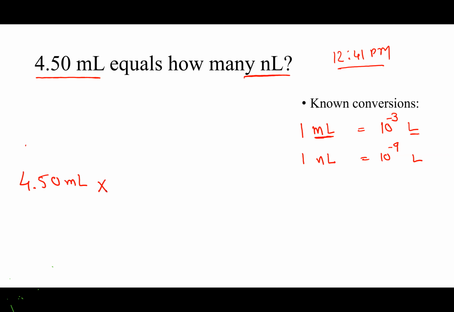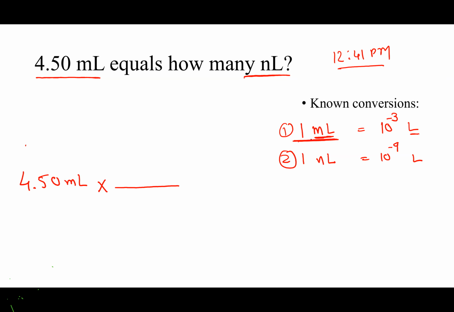Now, in the conversion factor, which one are we going to use? The first one or the second one? The first one. Great. And if you're going to use the first one, which side of this equal sign goes in the denominator? Right, mL.